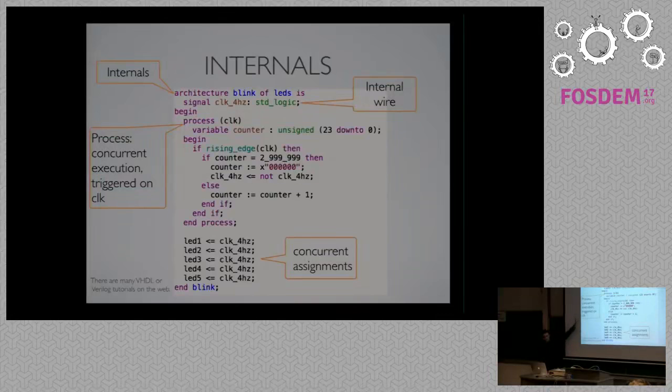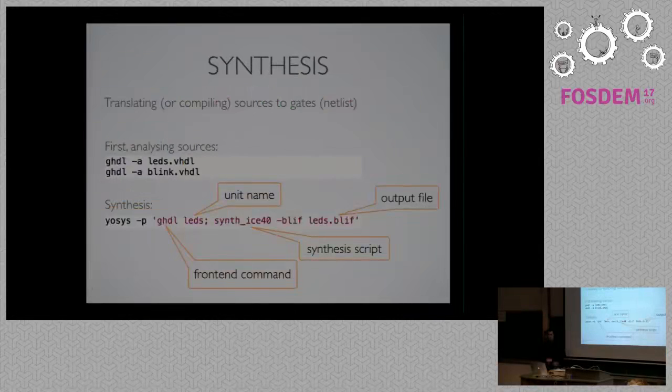So once you have written the entity and the architectures, we will go to synthesis, which will convert it to binary code used to program the FPGA. Using the GHDL front-end, you first analyze the files, so you let the compiler know about these files, and then using the synthesizers, you say, okay, I want to generate a circuit for LEDs, which is known here, and I want to target this FPGA.